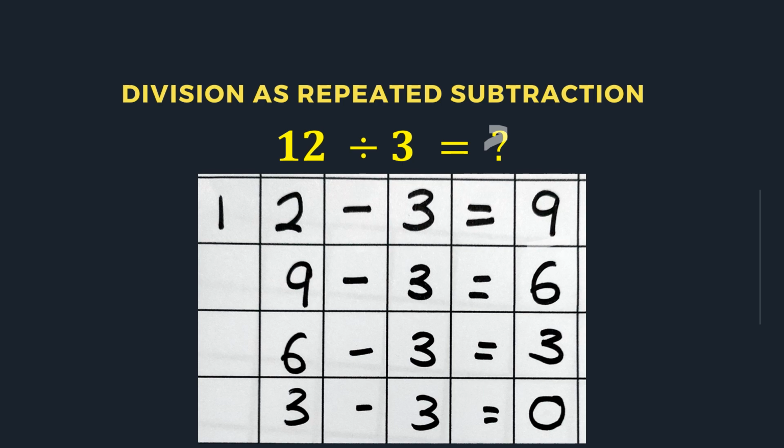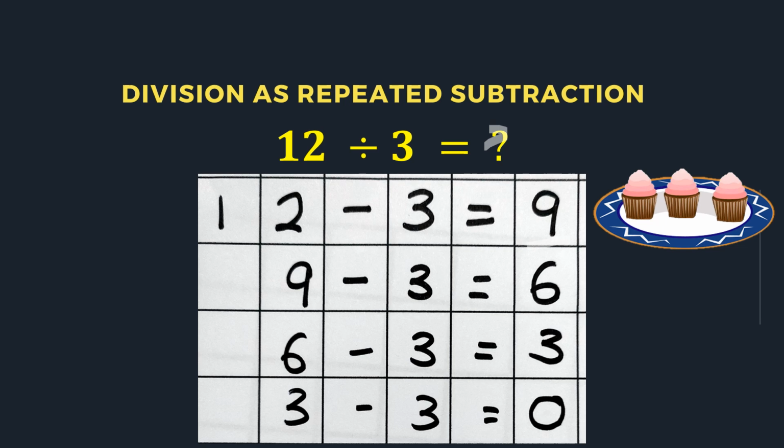Division as repeated subtraction is closely related to the concept of division as grouping. We take the same example as in division as grouping, where there are 12 cupcakes and we are going to arrange the cupcakes, 3 cupcakes in one plate. So how many plates of cupcakes will there be?